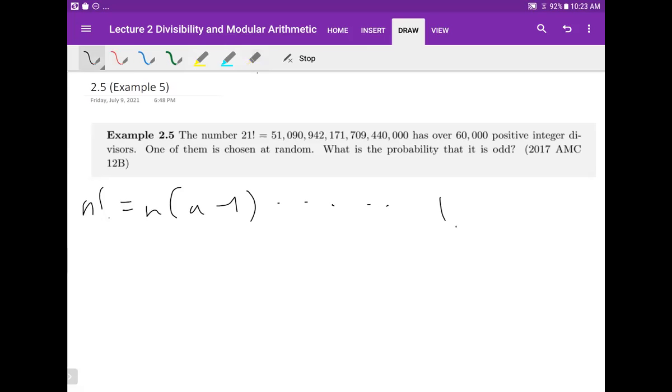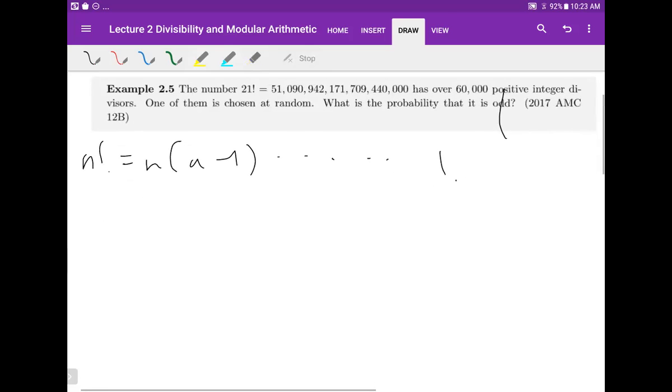We'll do this problem this way first. There is one more optimal way to solve the problem, but for now, let's use this trick to find the prime factorization of a factorial.